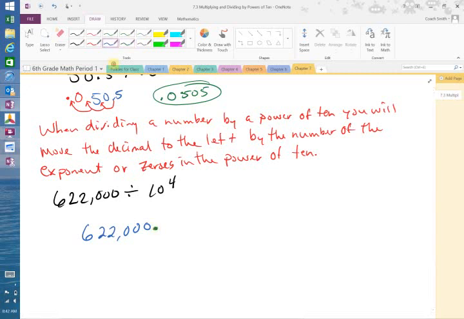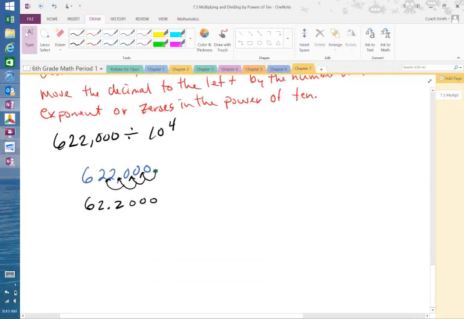I'm going to move it to the left once, twice, 3 times, 4 times. That gives me 62.2000. Now, I don't need these zeros, so it's really 62.2, and that's my answer.